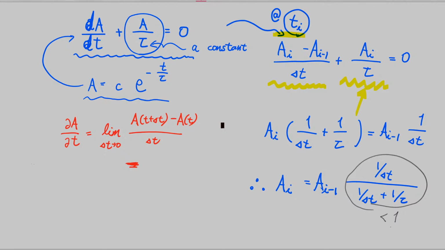That is something like A at t sub i plus 1 minus A at t sub i, over t sub i plus 1 minus t sub i. But how about this?